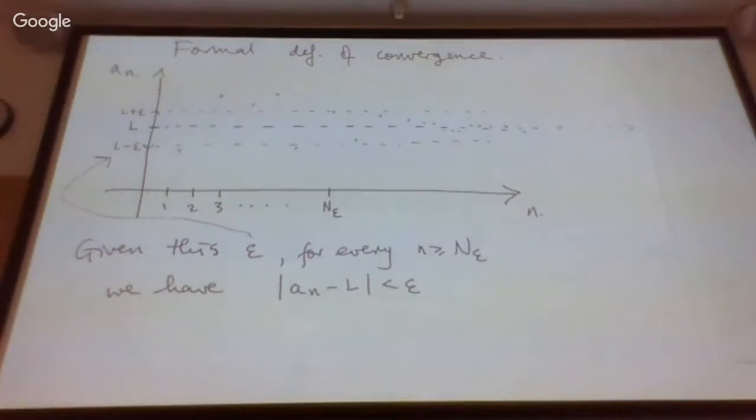Every point in the sequence is as close as epsilon to the limit L or closer.